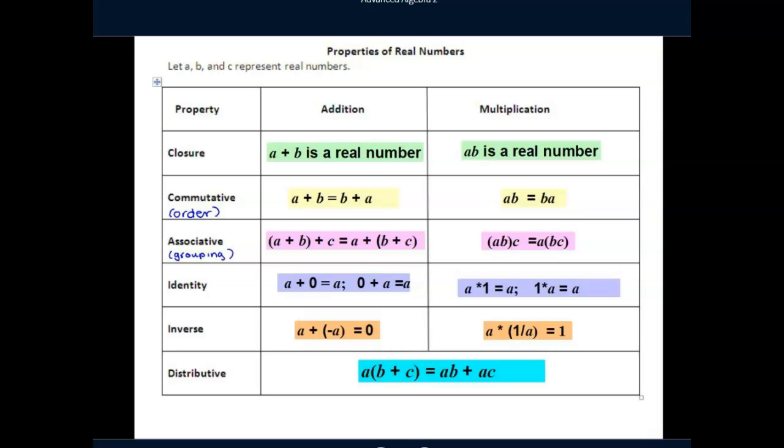The distributive property says you can distribute A to B and A to C and still get AB plus AC.